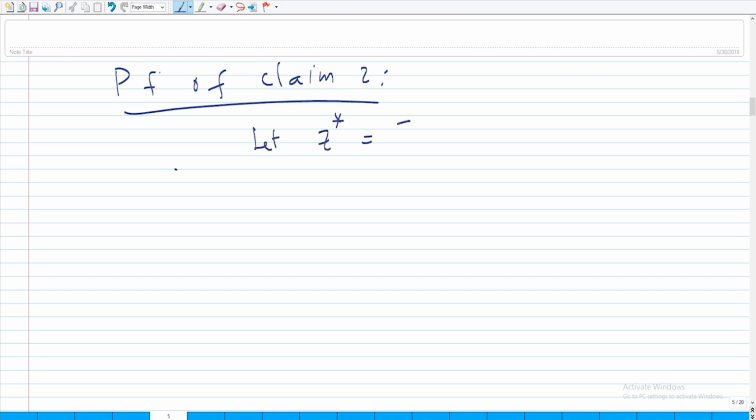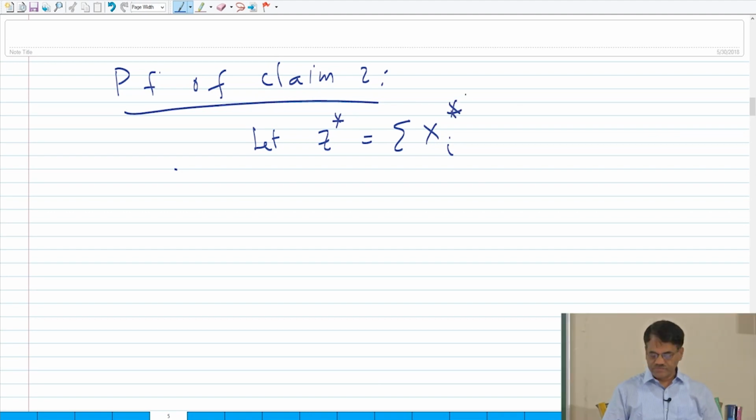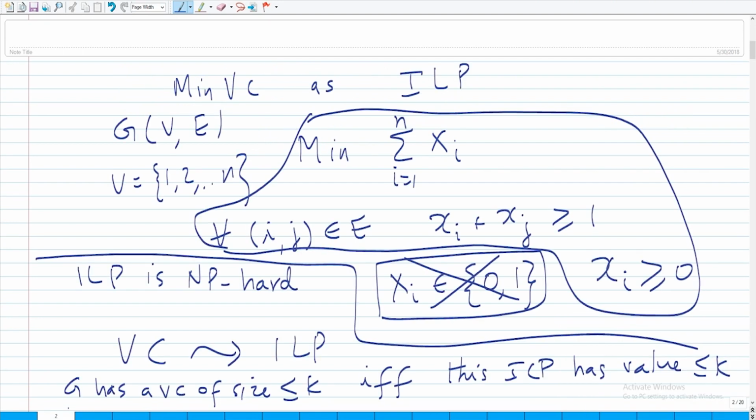Okay. So, proof of claim 2. Let Z star be equal to summation x i star, right. This is the optimum solution of the LP relaxation. And what can you say about this and the minimum vertex cover? What is the minimum vertex cover?